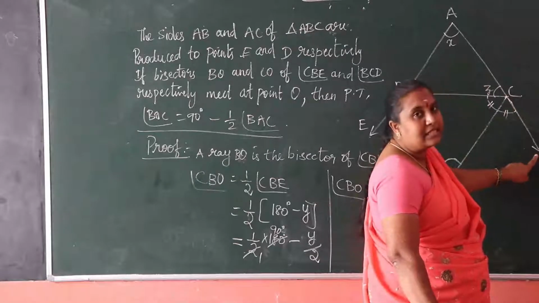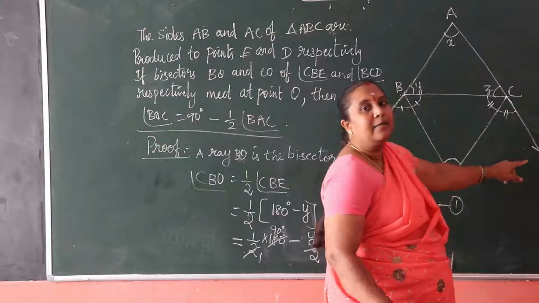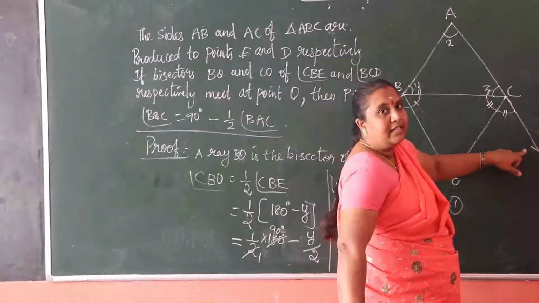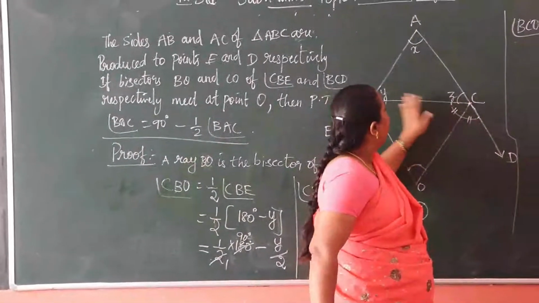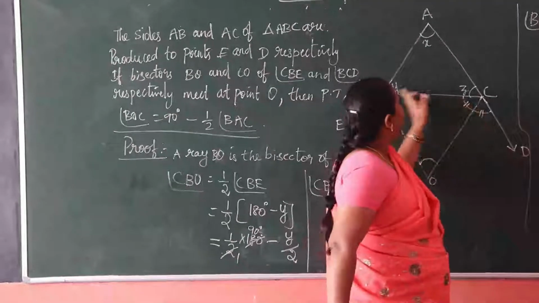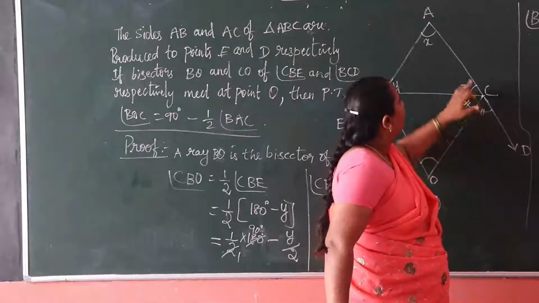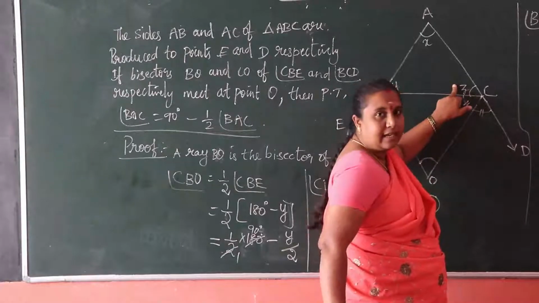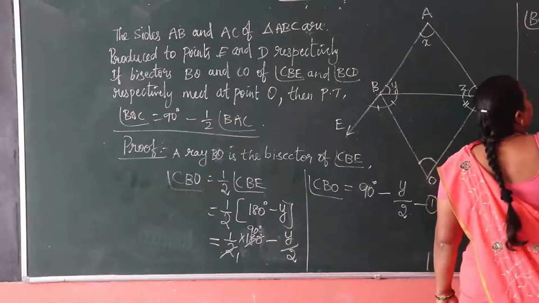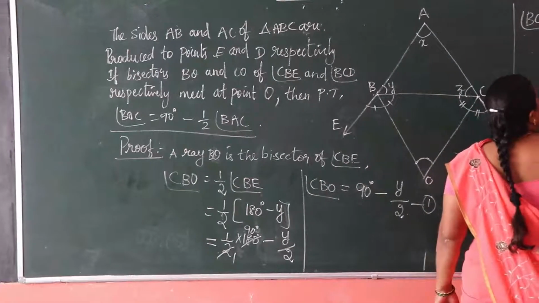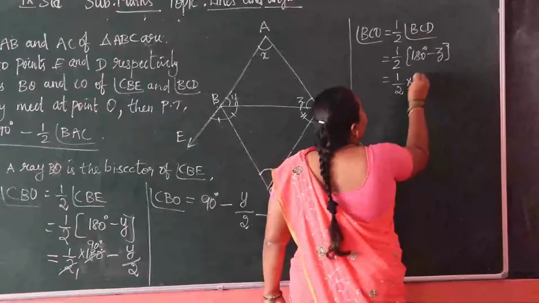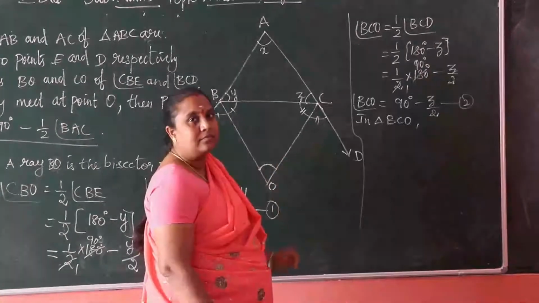Because AD is a straight line. In that we want to find out BCD, so BCD equals 180 degrees minus Z. Half of 180 degrees minus Z, so we should remove this bracket.